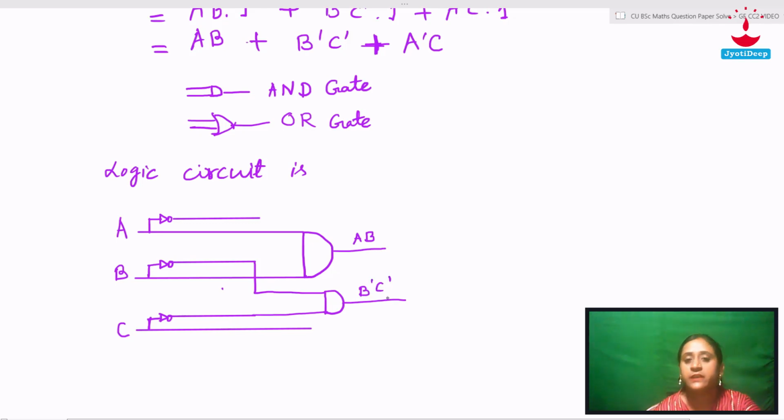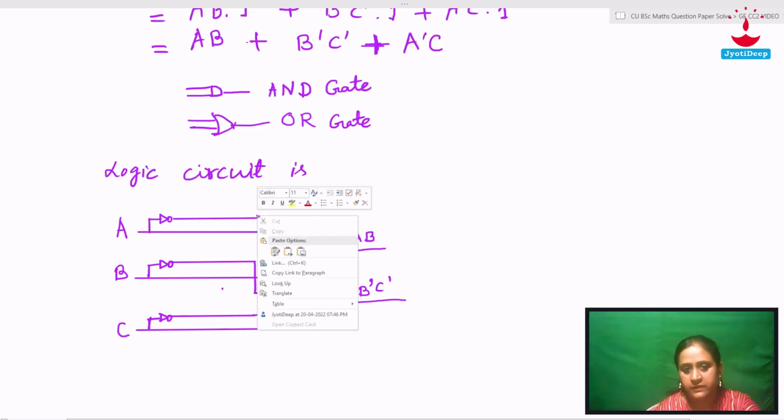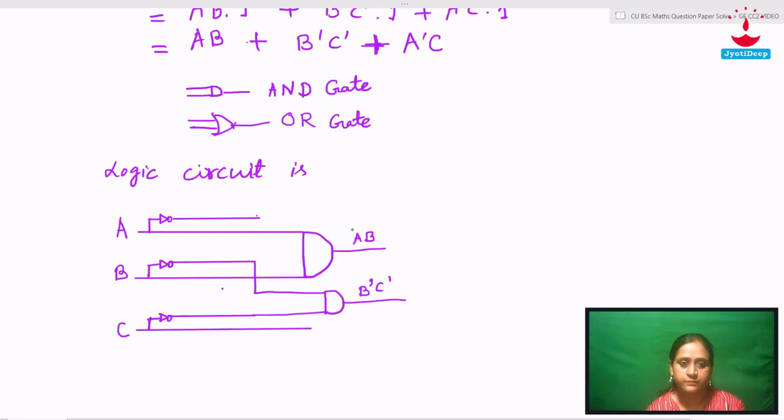Now A dash C. What do we have? This is C and this is A dash. So I am going to take it a bit further.